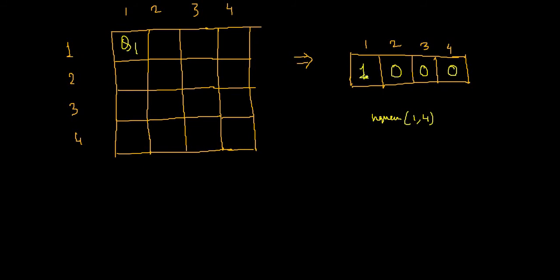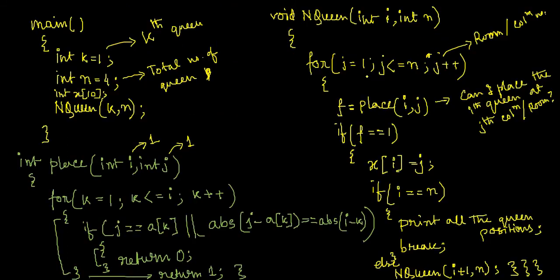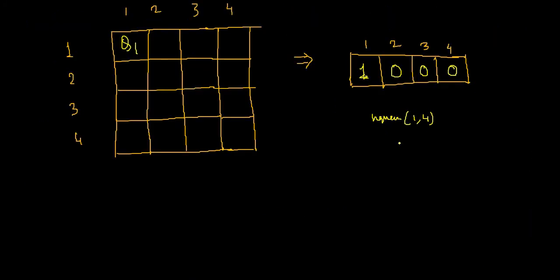Fine, very good. And then what will I do? Obviously i equal to n is not true. I'll go for placing the next queen, i plus 1 comma n. So that means I have a function call from n queen 1, 4 to n queen 2, 4.